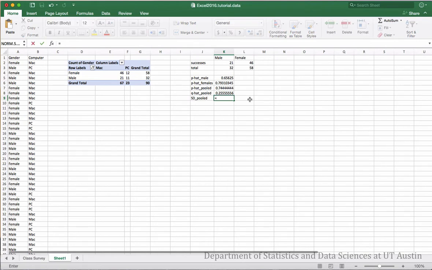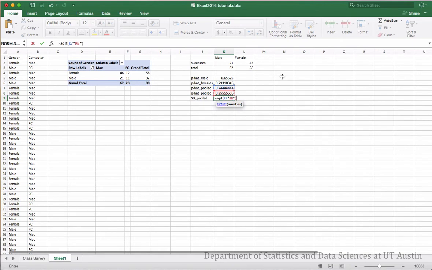What we need is the square root. And what we're going to do is take the product of p-hat pooled multiplied times q-hat pooled, and then multiply that times the sum of 1 over each respective sample size.